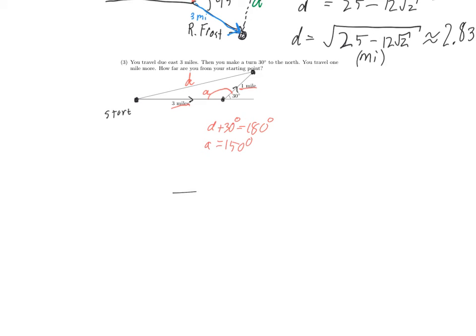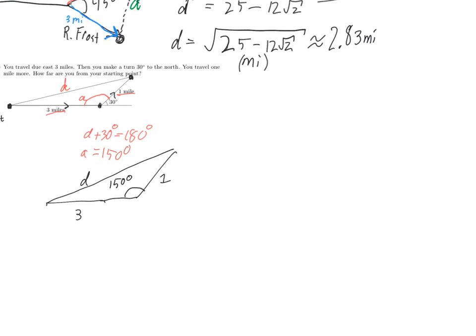I know that that side length is 3 miles. I'll suppress the units because I know they're all miles. Then I turn north a little bit. This is an angle of 150 degrees. This length is 1 mile. There's the distance I would like to know. By the law of cosines, d squared is equal to 1 squared plus 3 squared minus 2 times 1 times 3 times the cosine of 150 degrees.